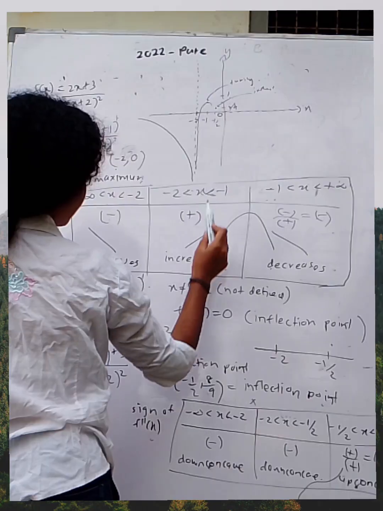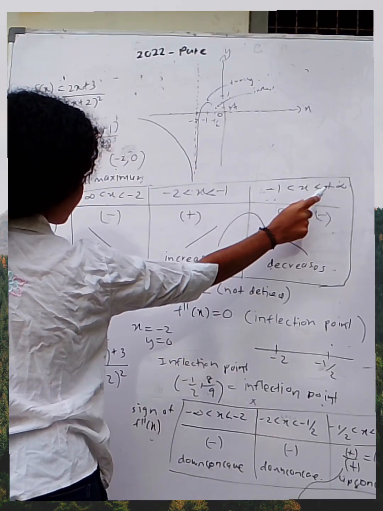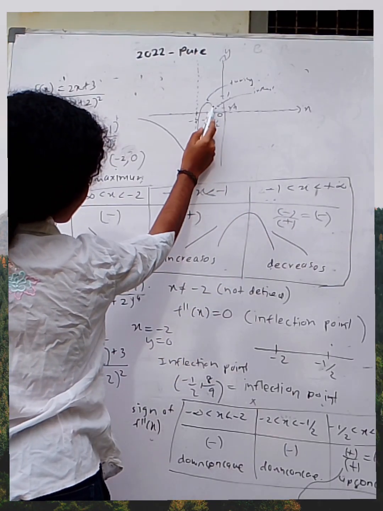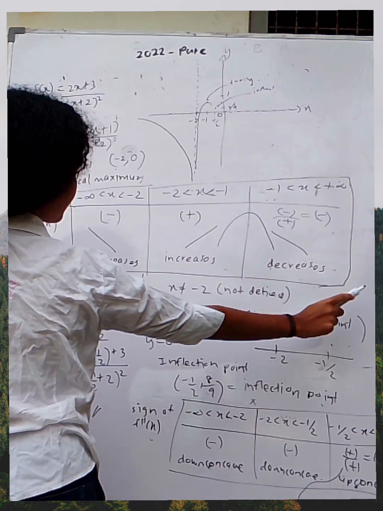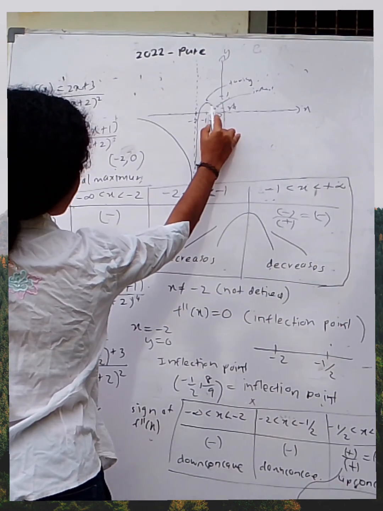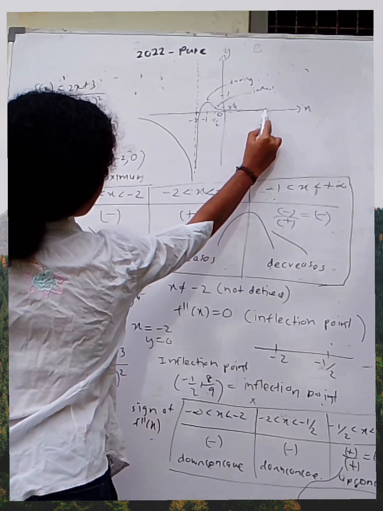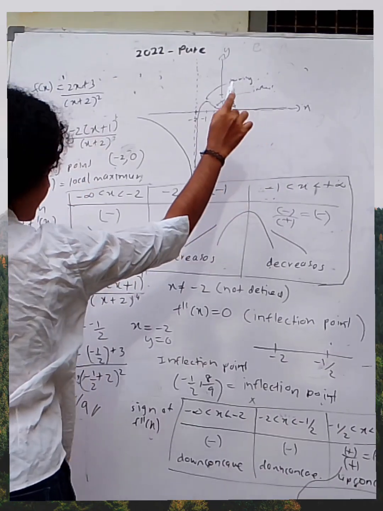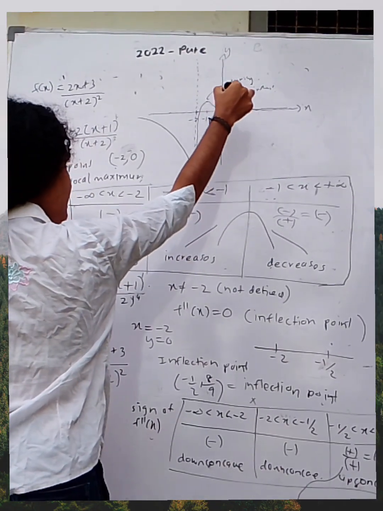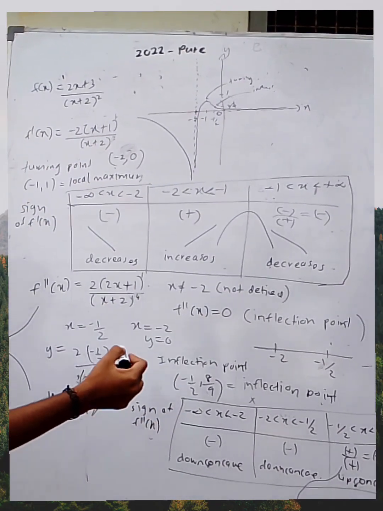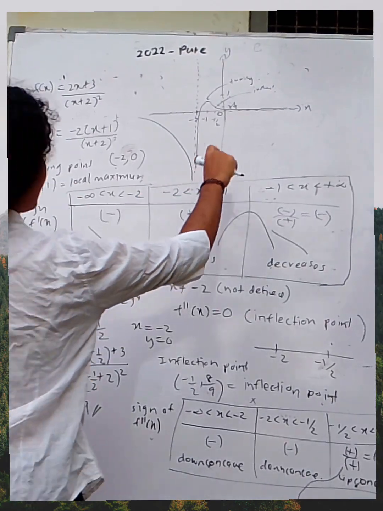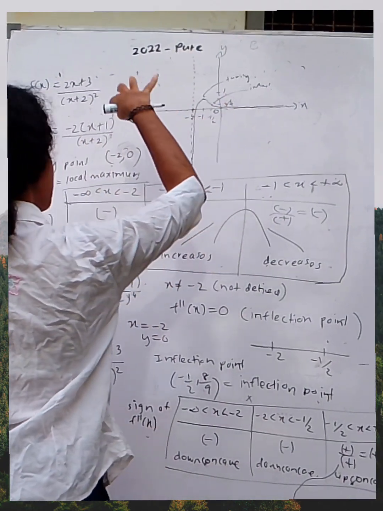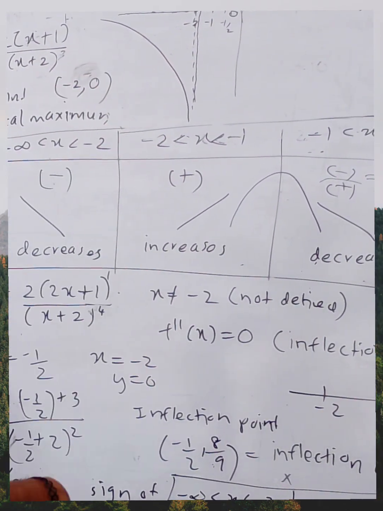Then between -1 and infinity, it is going to decrease again. So that decrement will get reduced like this, like this, like this. Never touch the x-axis. Just draw as if it's coming down systematically. Mine looks a bit uglier, so this should be the actual shape of the graph you draw.